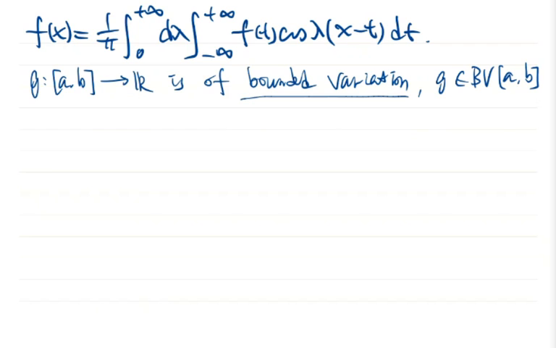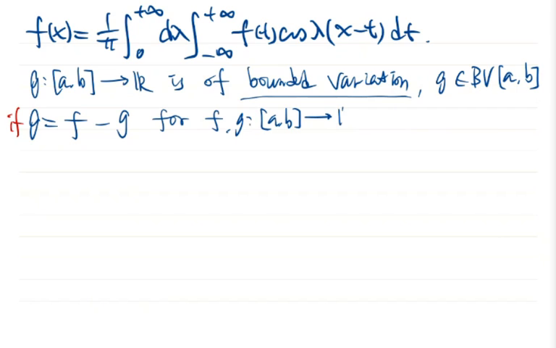What is bounded variation? If this function can be written as the difference of two increasing functions, f and g increasing, then it is what we call a bounded variation function.